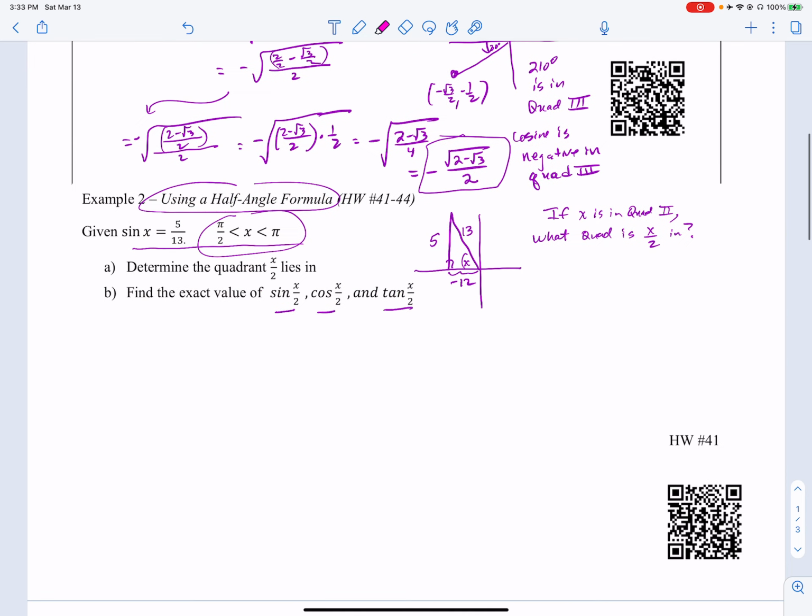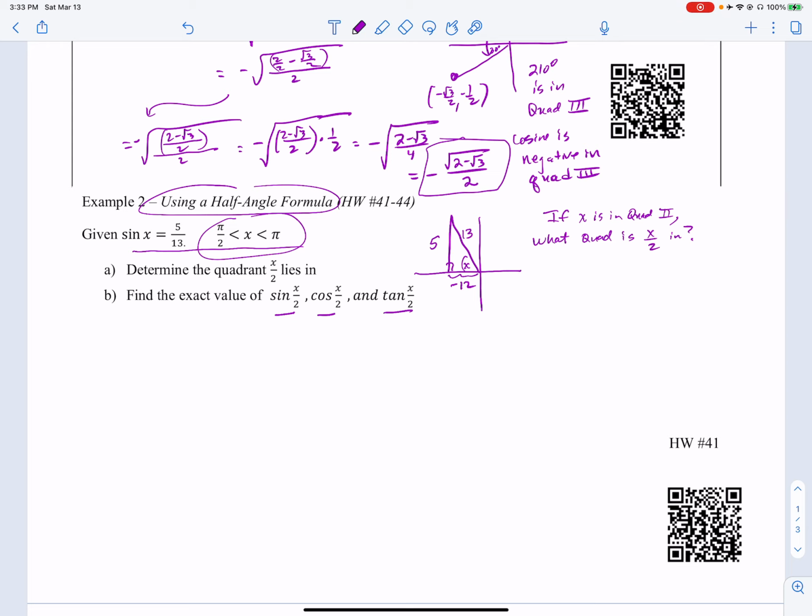So, well, this is the easiest way to do it. I was given that pi over 2 is less than x is less than pi. I need to know what quadrant x divided by 2 is in. So I'm going to divide each of these by 2.